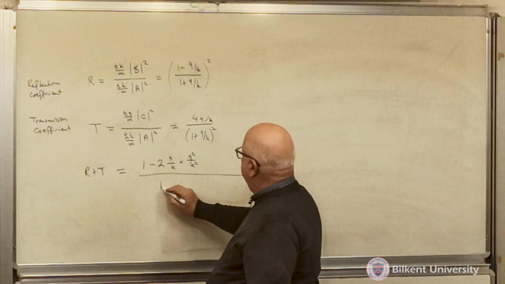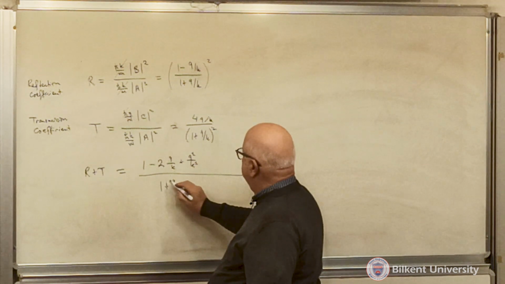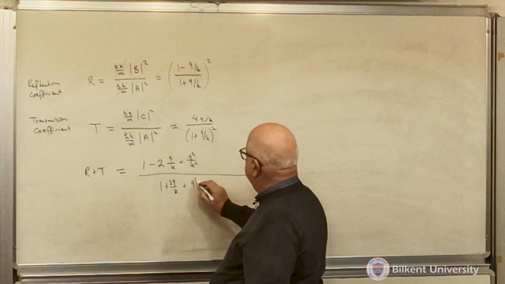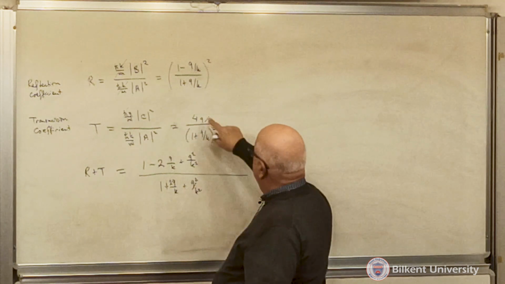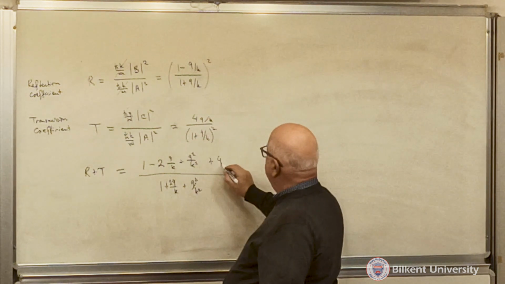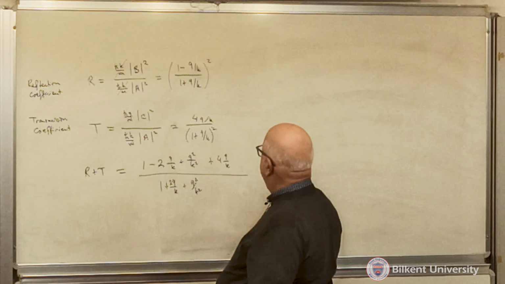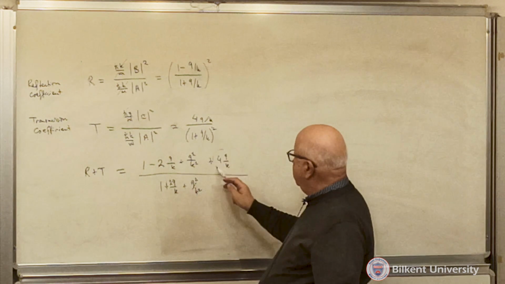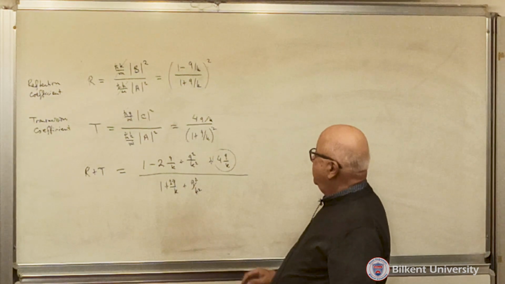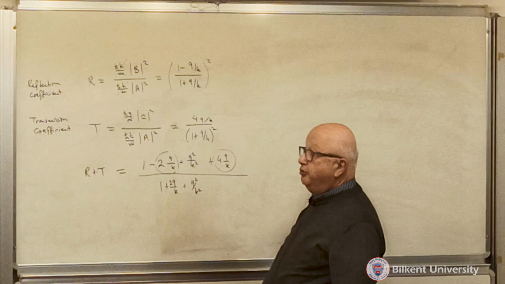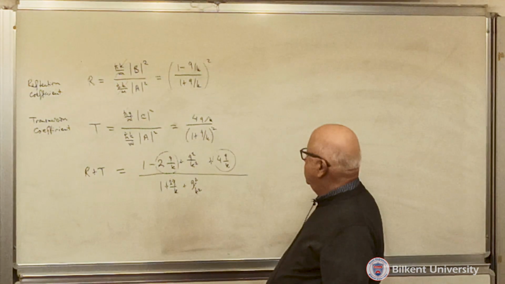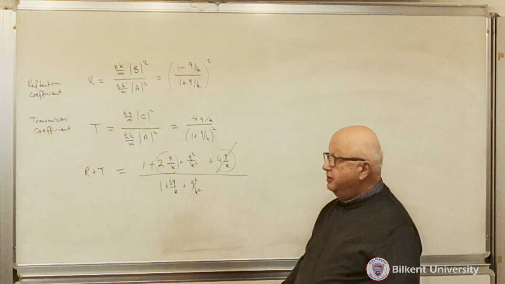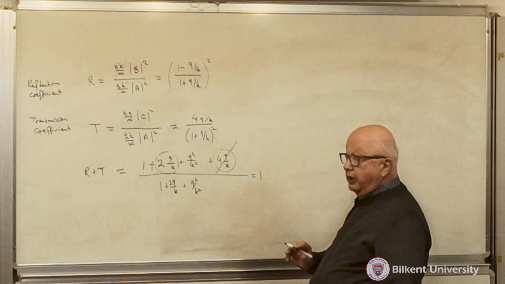And in the denominator, I have 1 plus 2q over k plus q squared over k squared plus 4q over k, which comes from that. Now if I combine this 4q over k with this minus 2q over k, what happens? This just makes this a plus, right? So this becomes equal to 1.